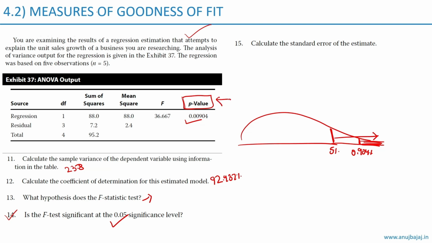So comparing the p value with the significance level, we reject the null hypothesis and conclude that the slope coefficient is significantly different from 0. And the standard error of estimate is 1.549.